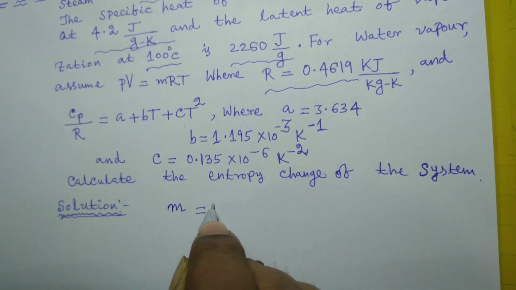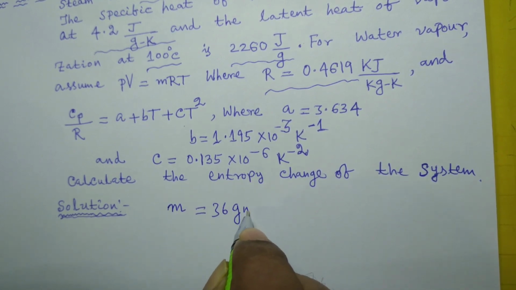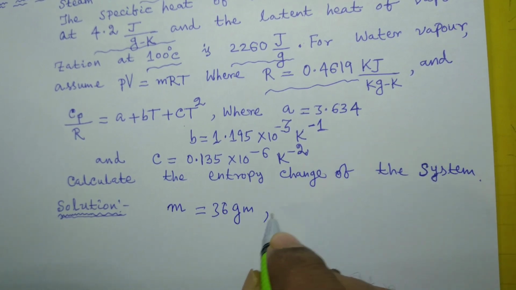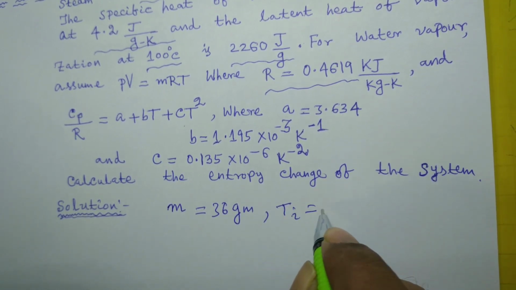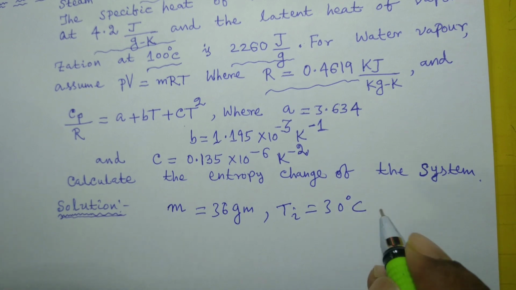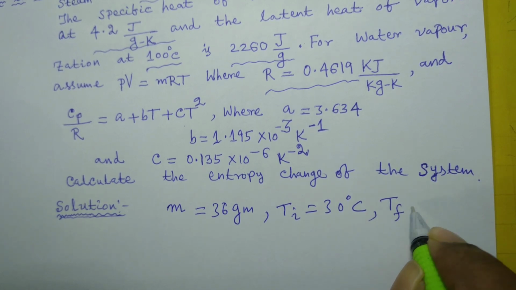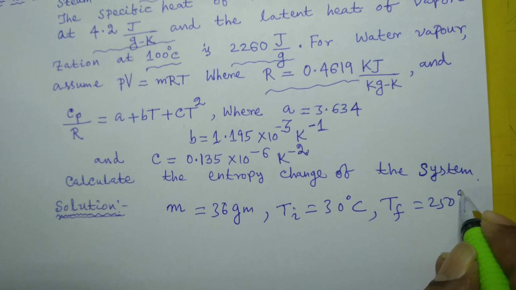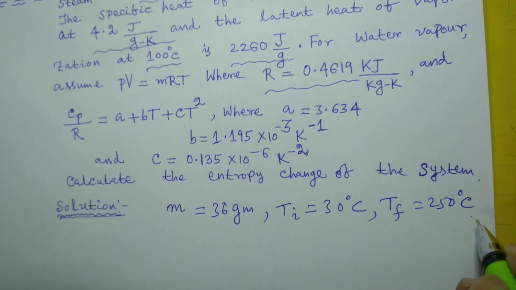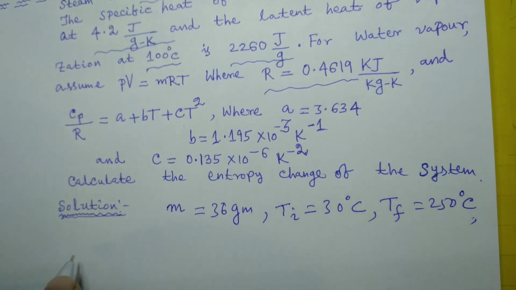So the mass is 36 gram of water, and the initial temperature is 30 degrees Celsius, and eventually it is converted into water vapor, and the temperature is 250 degrees Celsius. So the final temperature is 250 degrees Celsius, and this heating process takes place at constant pressure.